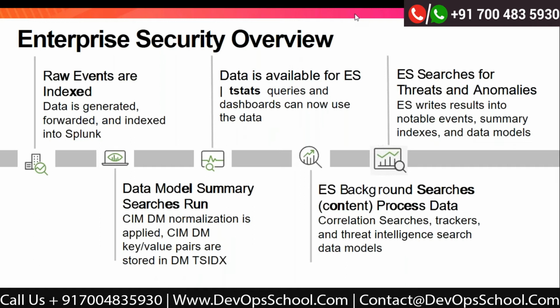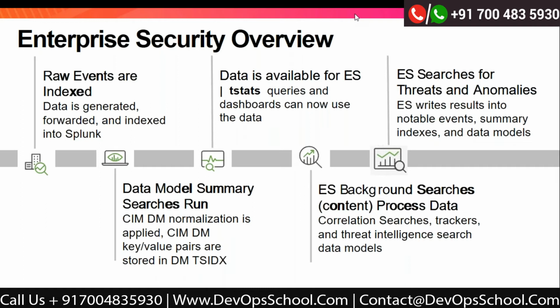Whenever you have an accelerated data model, that data will be stored in time series indexes, which we call TSIDX files. We store them as key value pairs, like source IP equal to this, destination equal to this, or port equal to this. Splunk Enterprise Security majorly works on data models, and data will be made available to Enterprise Security through the data models.